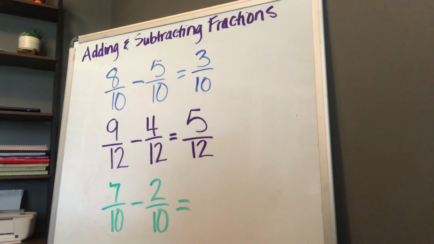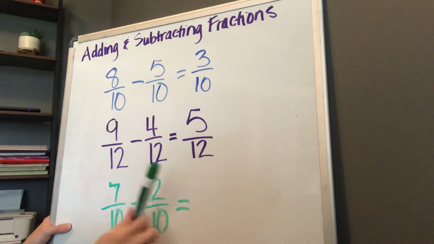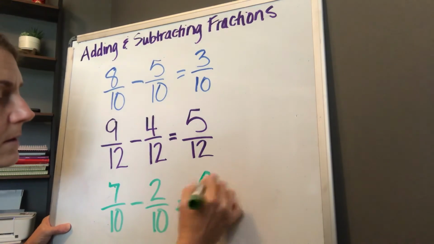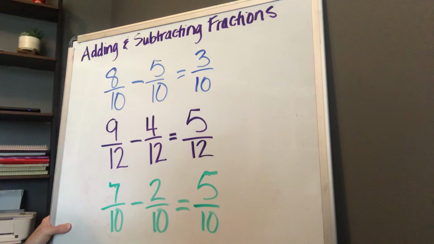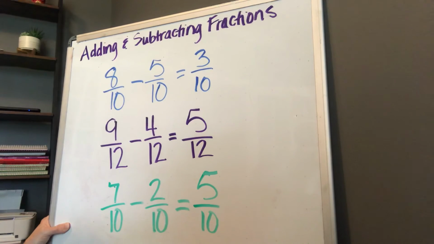All right, let's check to see what you had for your answer. Since the two denominators are already the same, all you have to do is subtract 7 minus 2. And that's 5/10. Now, if I asked you to put that into lowest terms, you would need to figure out what is a factor of both 5 and 10.